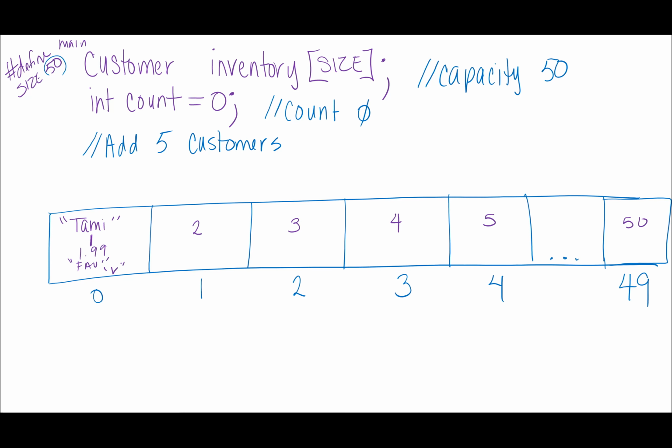And then you'll have your next customer, which is Bob, customer 2, and he has $3.25, and his location is also FAU, just to be easy, and he's valid. We are going to fill it with 5 customers. So we will have another customer, number 3, which is Tim. He has $1. He's FAU as well, and he is valid. And then we have customer Sue.